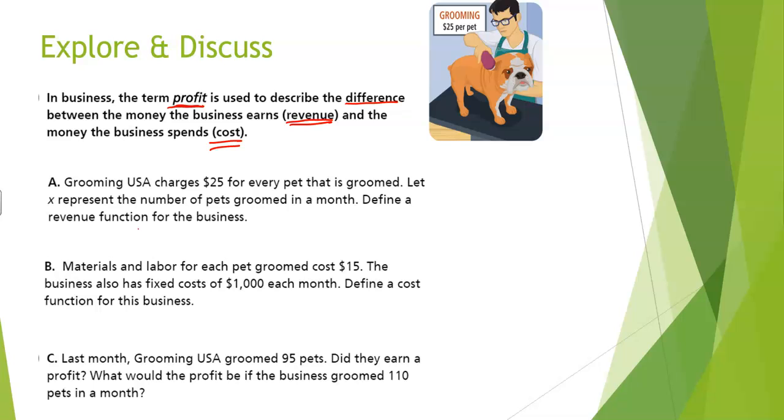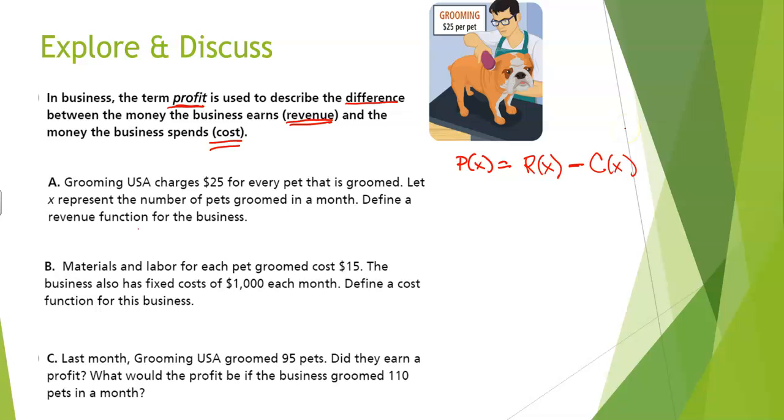All right, so you could say profit of x, maybe that's the number of pets that come in, would be the difference between my revenue, how much I charged and got paid, and I would subtract the cost. And that probably depends on x too.